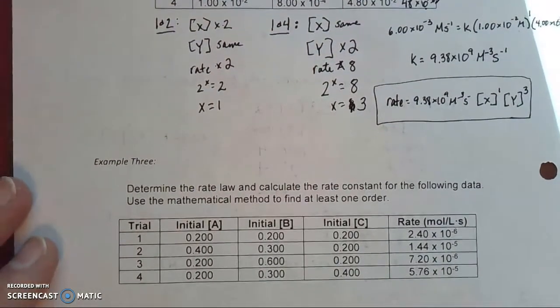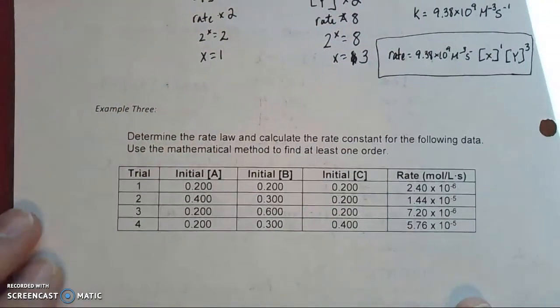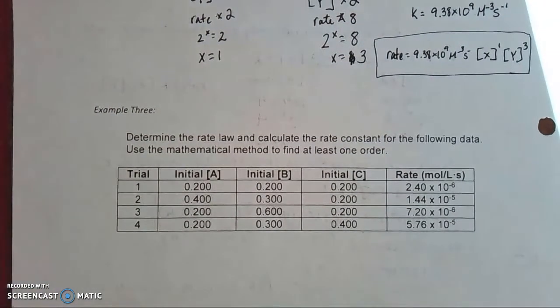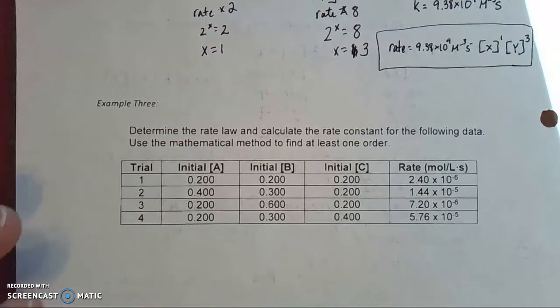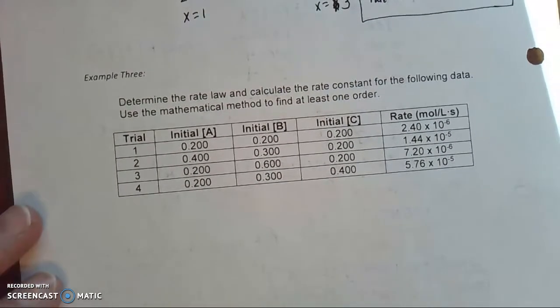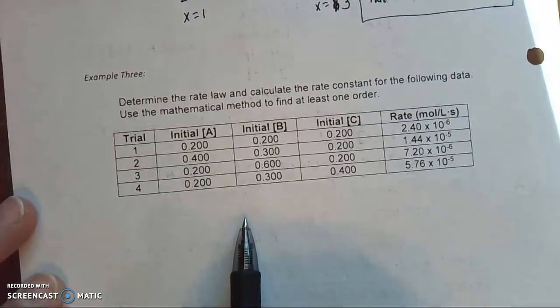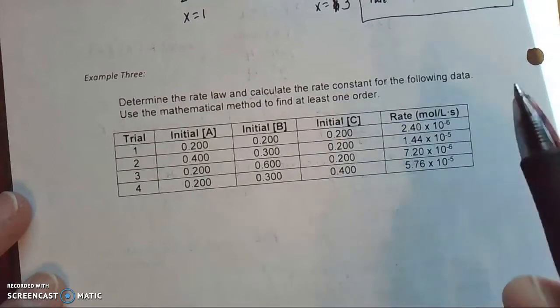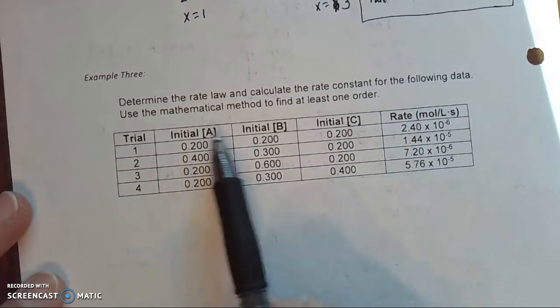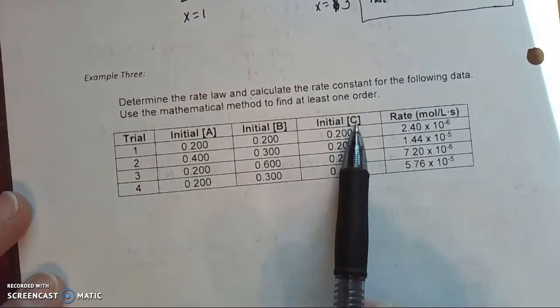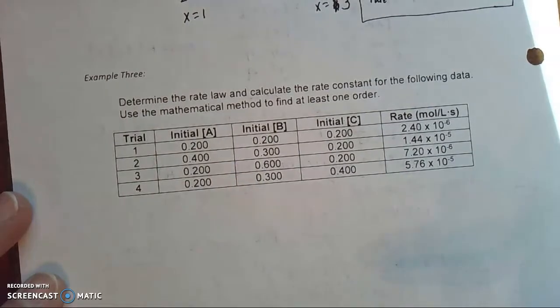Now, if we look at example number 3, we're going to have to use the mathematical method for at least one of these. We might have to use it for more than that. So with this, if I look and try to isolate a reaction where only one thing changes, so I have three different reactants here. So two of them have to stay the same and only one can change.